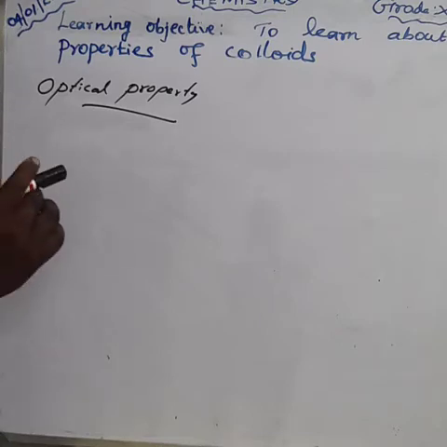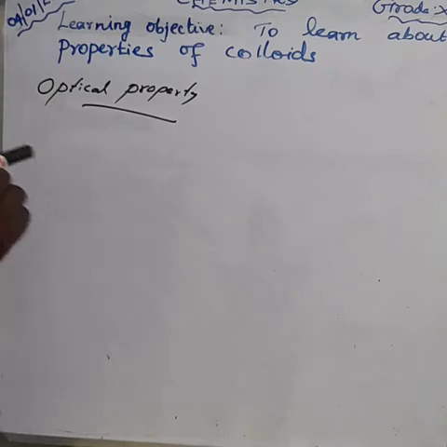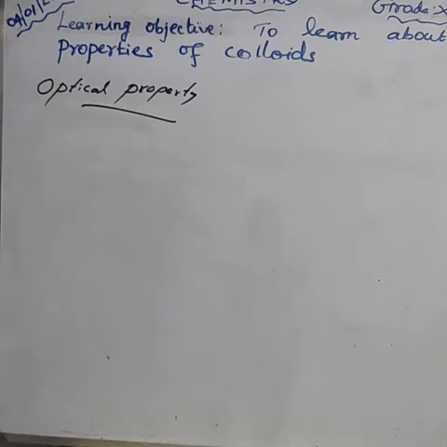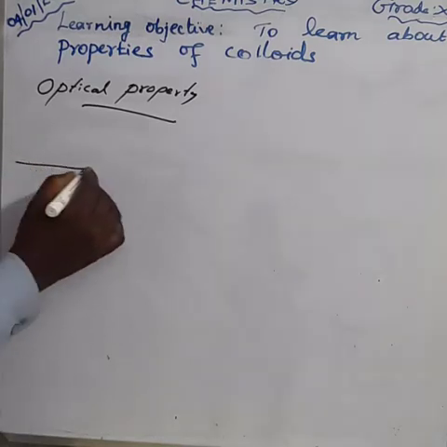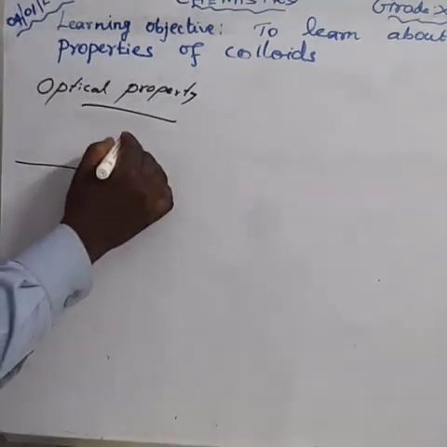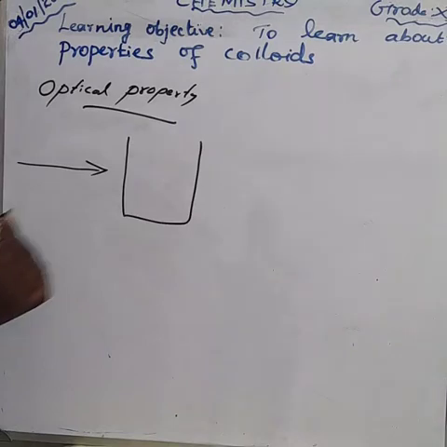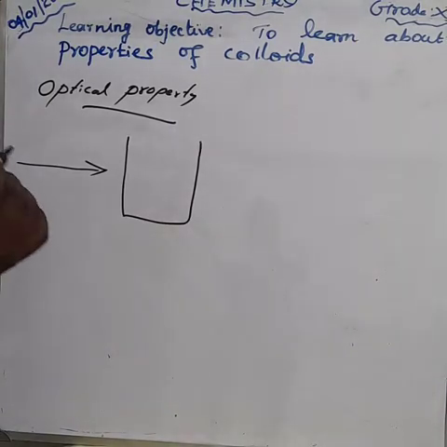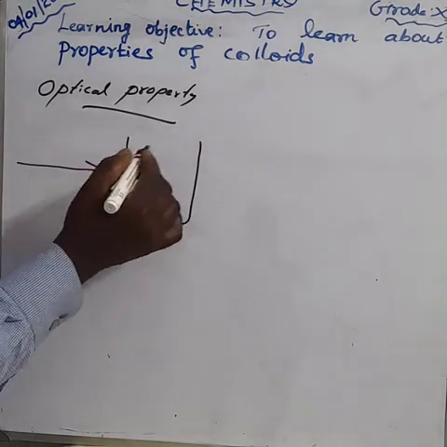When a homogeneous solution is seen in the direction of light, it appears clear, but it appears dark in the perpendicular direction. That means when we pass light, from a flashlight, through a solution, we can say it is a homogeneous solution.